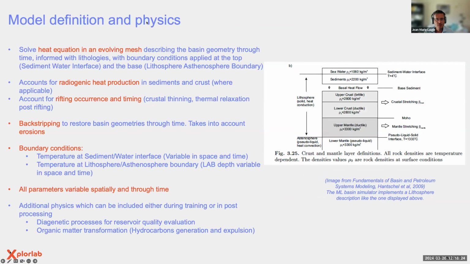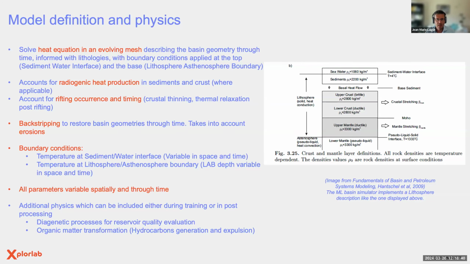So what is the physics which is actually implemented? This is basically the same physics that is implemented in the forward simulator, which is used in order to provide the training data set.